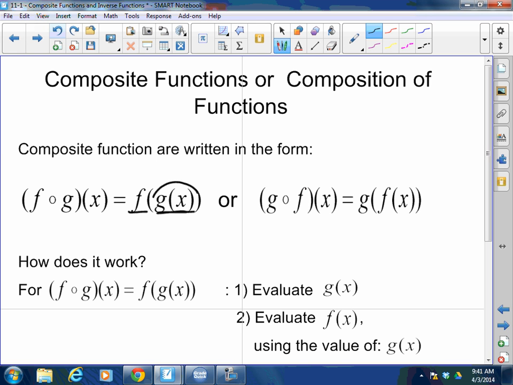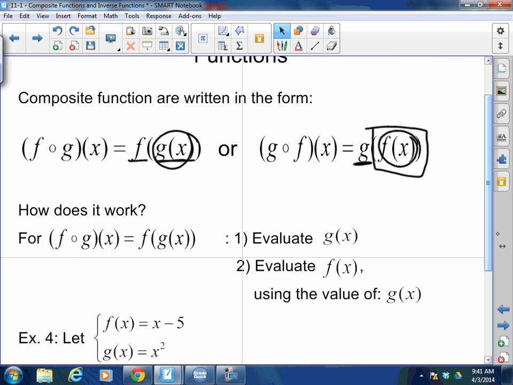The whole entire g of x. Or g of f of x. What am I replacing the x in the g function with? The whole entire function f of x. So I call this fog or gof.